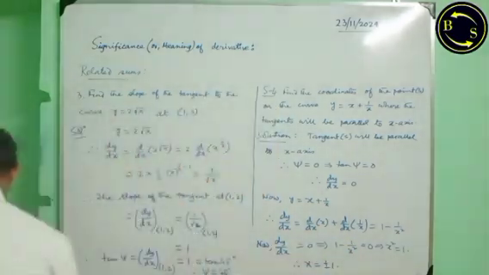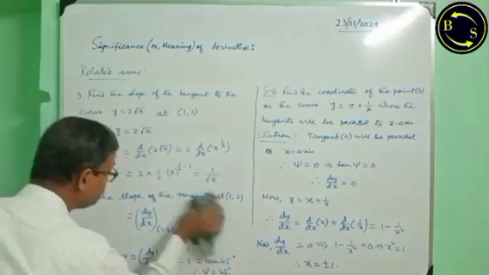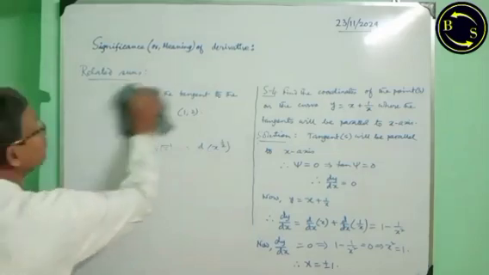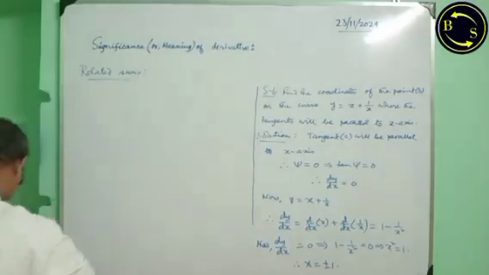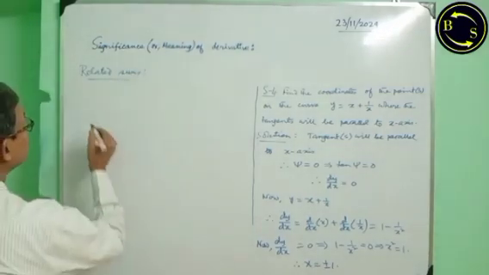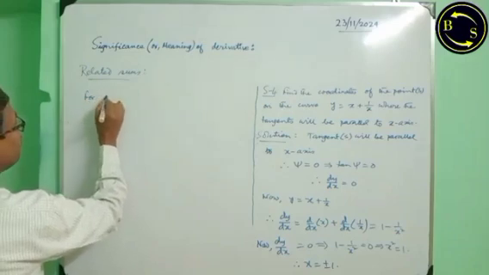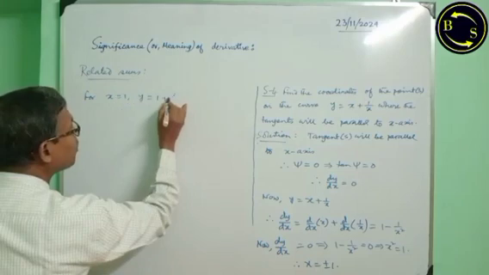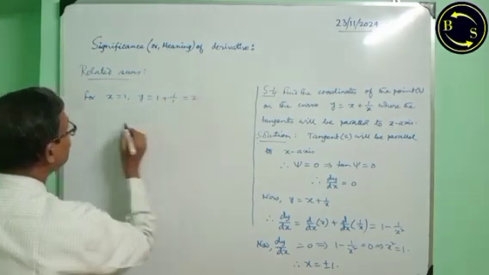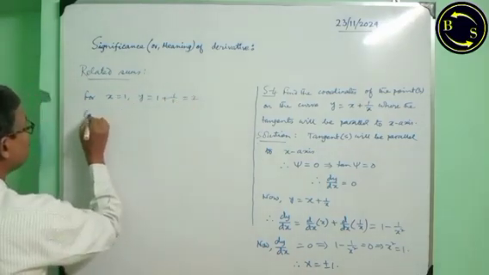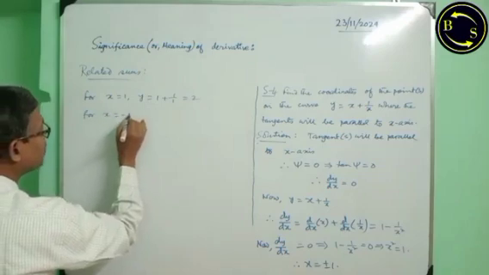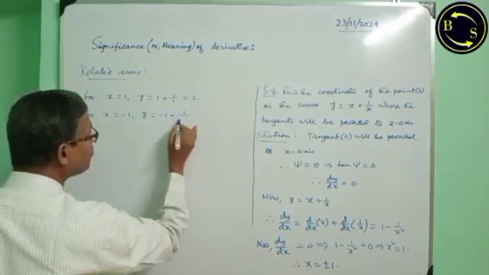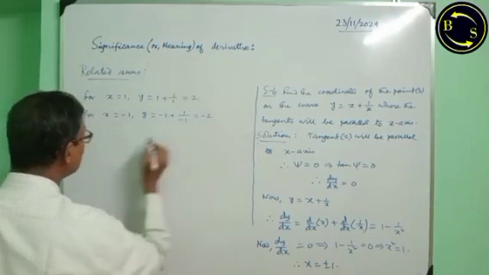Now, I rub this part to finish the sum. For x equal to 1, y is equal to 1 plus 1 by 1, that is 2. For x equal to minus 1, y is equal to minus 1 plus 1 by minus 1, that is minus 2.